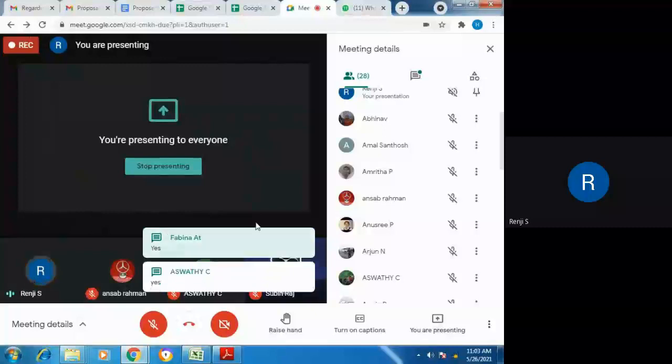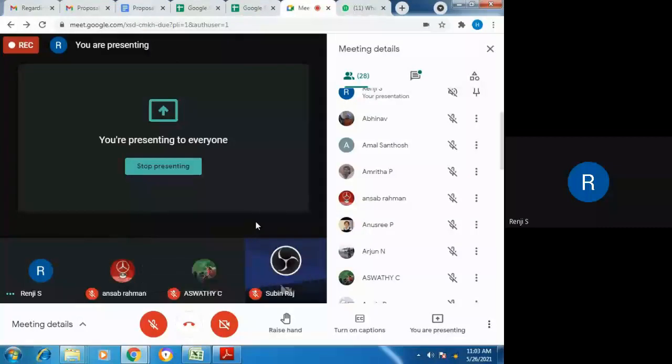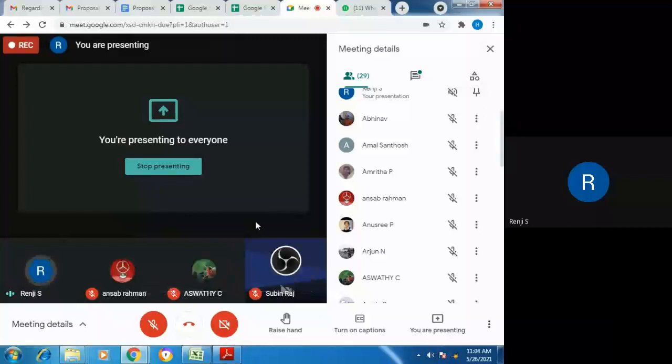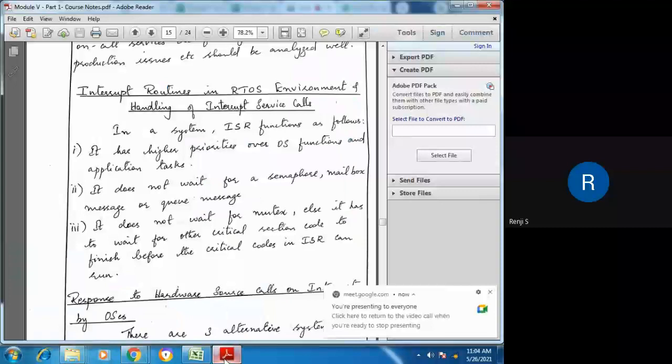Okay. What are the three points? What was the first point regarding interrupt service routines in RTOS? It has higher priority than any other functions, operating system functions, as well as user application tasks.